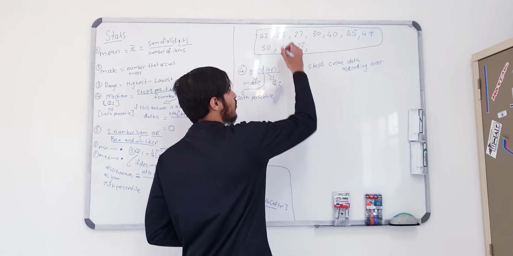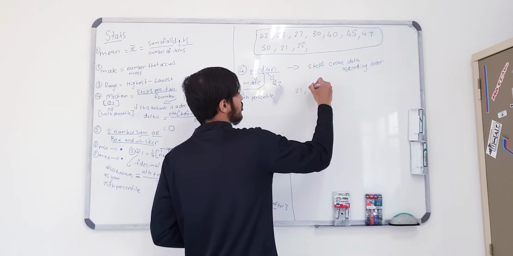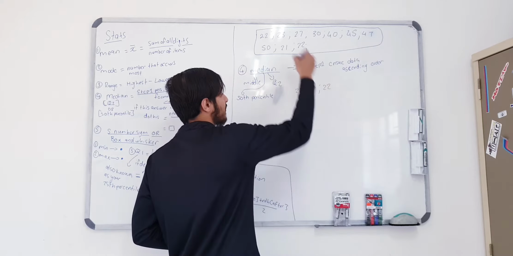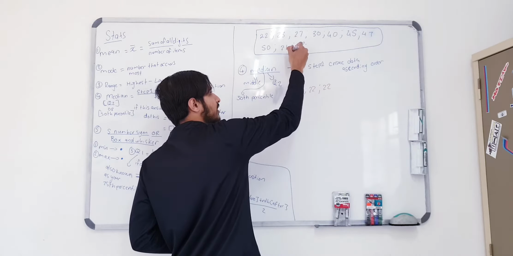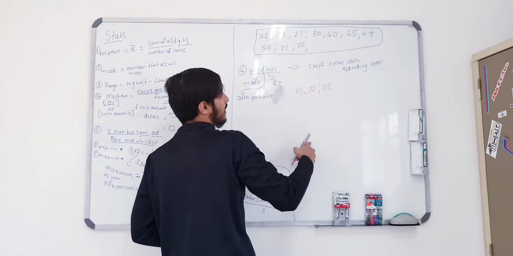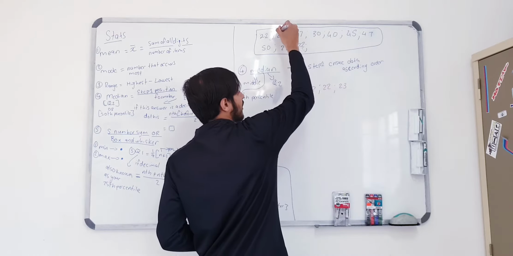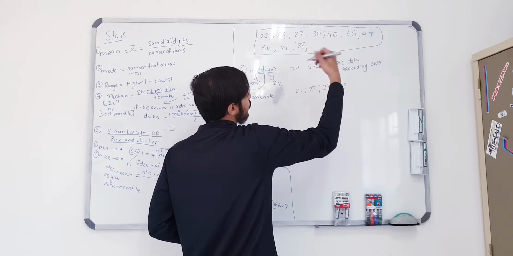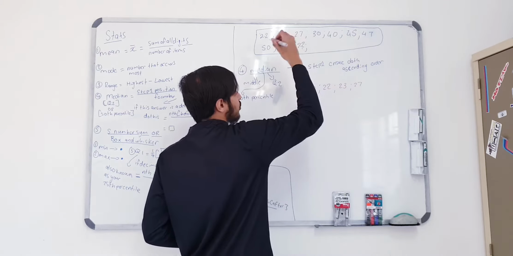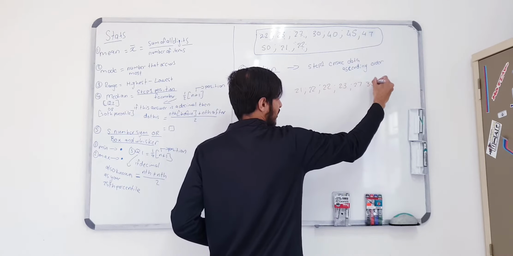So what's my smallest number here? It's 21. Then my next number is 22. Then it's 22 again. Can you see twice? So I've calculated 21. I've taken into consideration 22, 22. Right. Now I'm going to go to the next one. There. It's 23. Right. Then I got no 24, no 25, no 26, but there's a 27. Right, then I got 28, I got no 29, I got a 30.